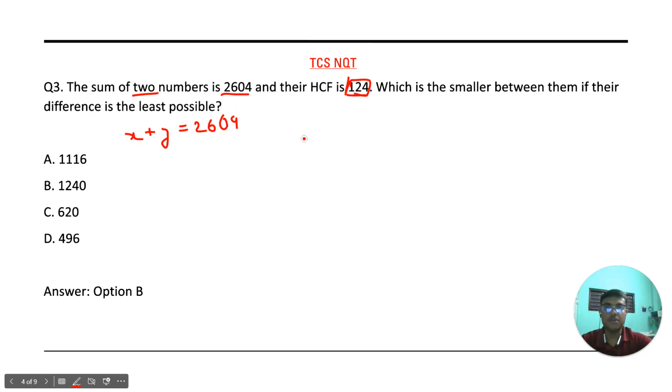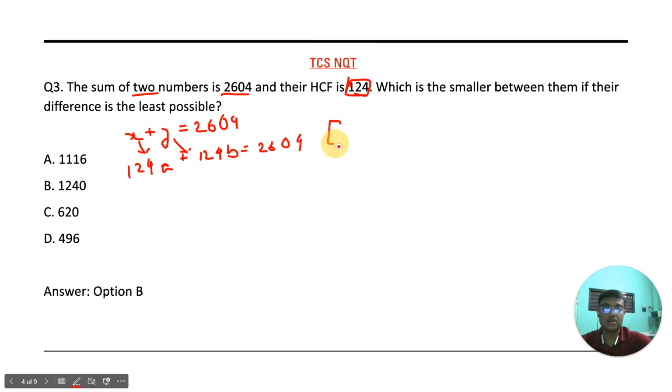And if you know one thing, that if we multiply co-primes with the HCF, we get the actual numbers. So in this case, whatever we multiply with 124, that is co-prime of each other. So let's say we have x equal to 124a and y equal to 124b, whose sum is equal to 2604.